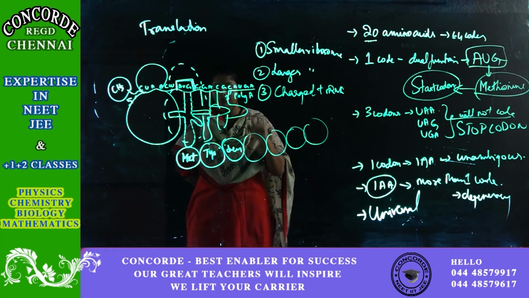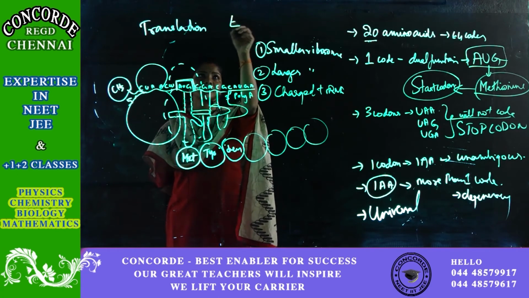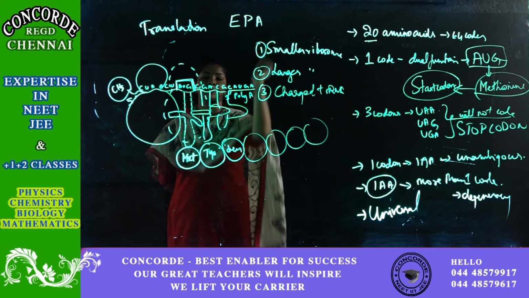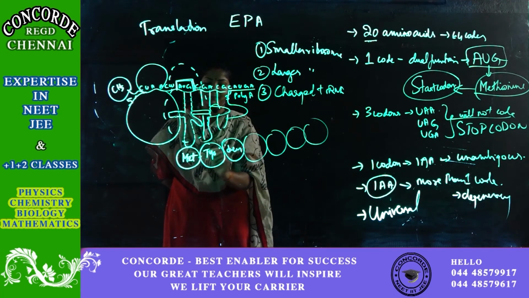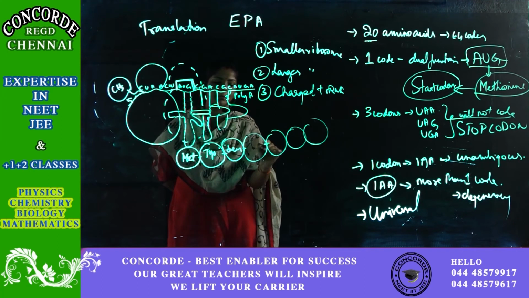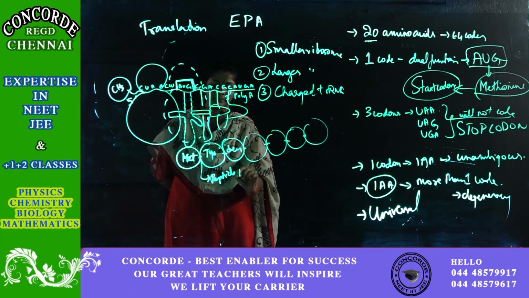The order is EPA. First of all, there is peptide bond formation between the amino acids. The bond between amino acids is nothing but the peptide bond.